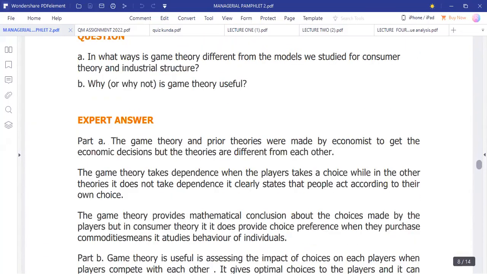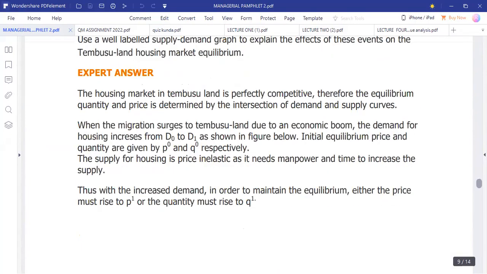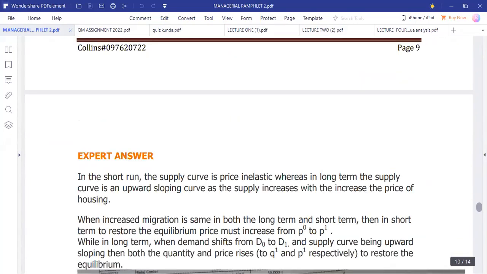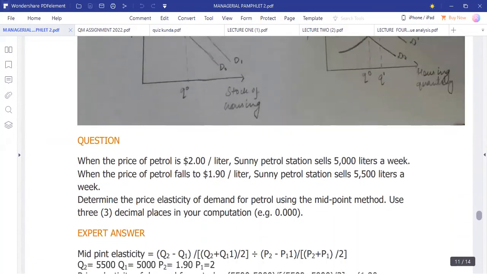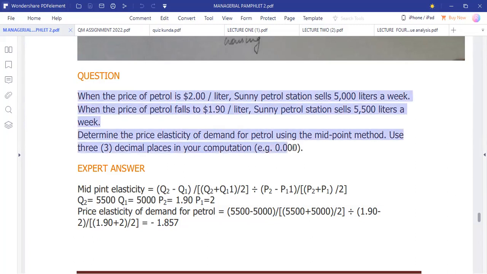So let's now go to another calculation. This was a test for the other index. Right here, when the price of petrol is $2 per liter, copy it here so that you can try it before we proceed.